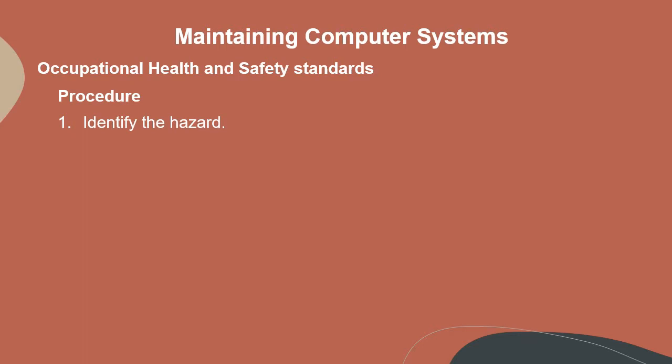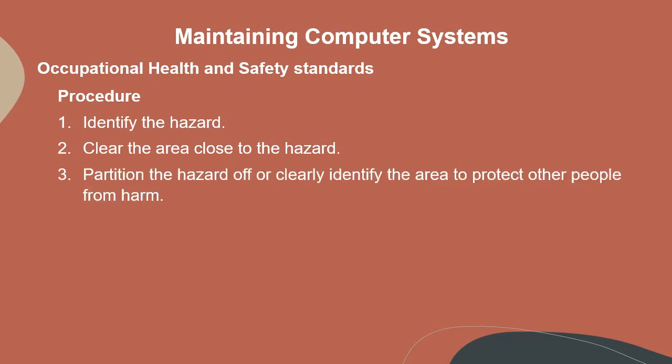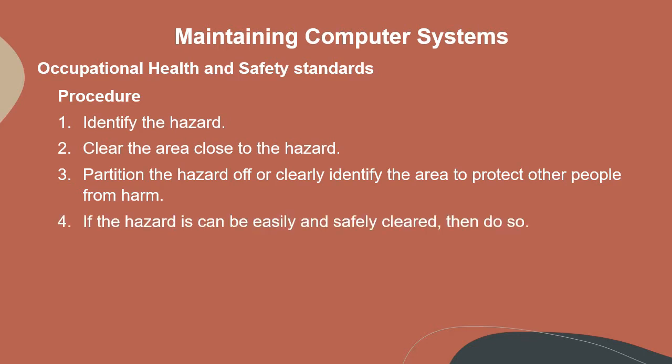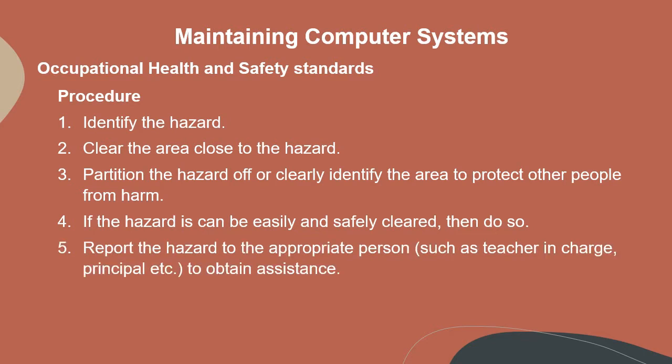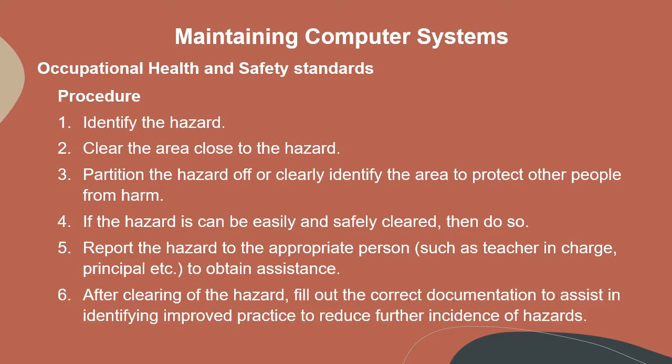Number 1, identify the hazard. 2, clear the area close to the hazard. 3, partition the hazard off or clearly identify the area to protect other people from harm. 4, if the hazard is or can be easily and safely cleared, do so. 5, report the hazard to the appropriate person. And 6, after clearing of the hazard, fill out the correct documentation to assist in identifying improved practice to reduce further incidents of hazards.